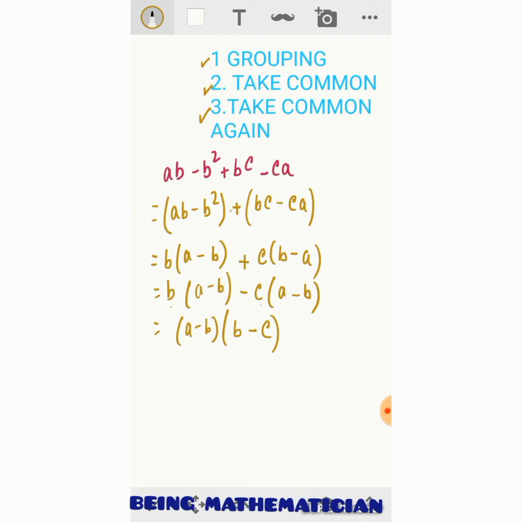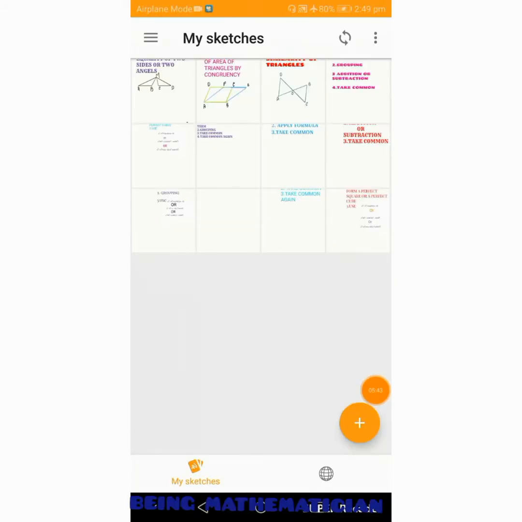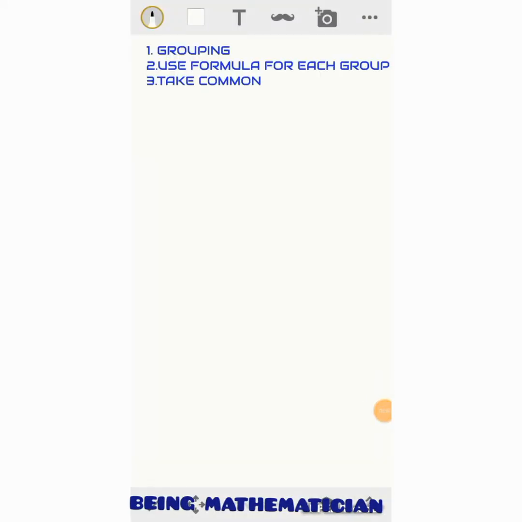Now we move to the third trick. First of all we do grouping, then use a formula for each group, and then take common. So the example is a square into 1 plus a square plus 2ab plus b square into 1 minus b square.